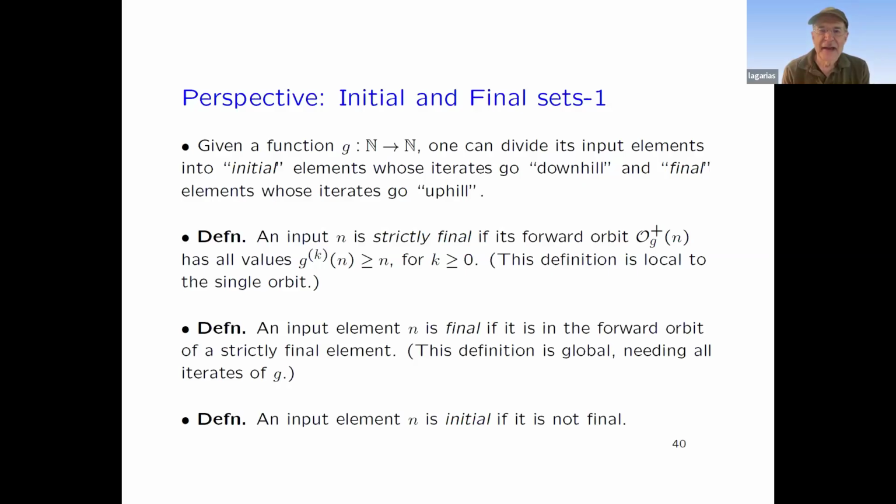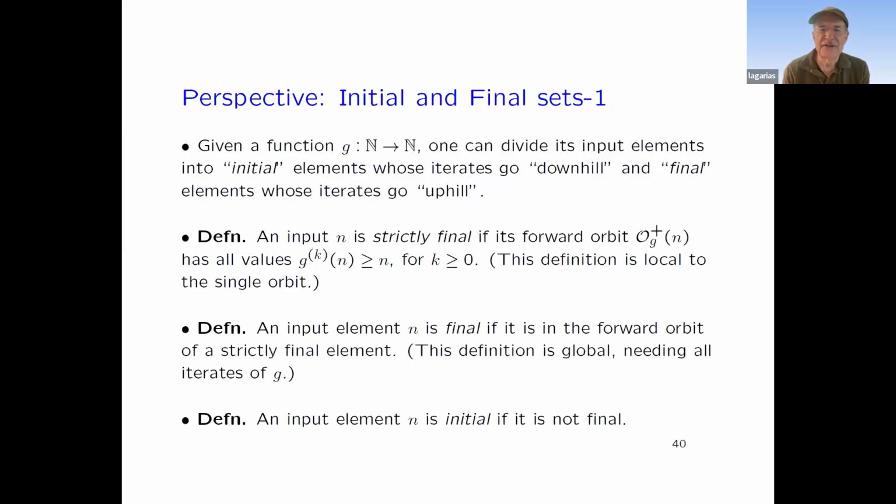So let's take a function we're iterating on n, and let's divide all of its elements into initial elements, which you may think of as elements whose iterates are going to go downhill, and final elements whose iterates are going to go uphill. And really, we have to classify the final elements.